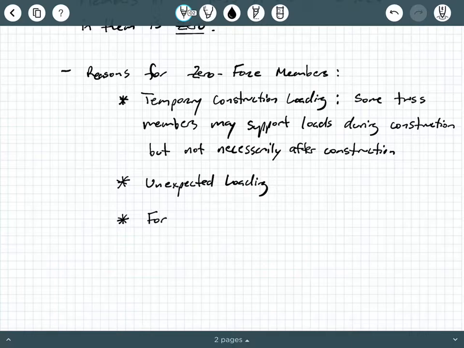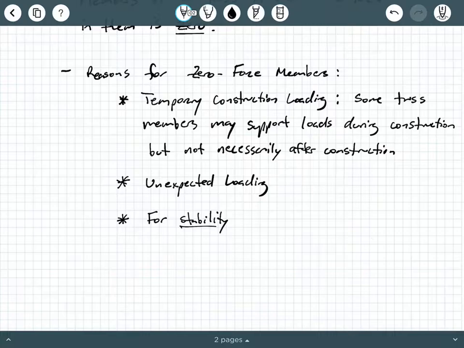So, unexpected loading. And then a third reason for having zero force members would be for stability reasons. Now, what we mean by stability is that your structure does not want to move or collapse.